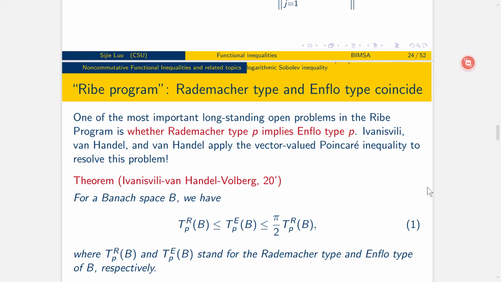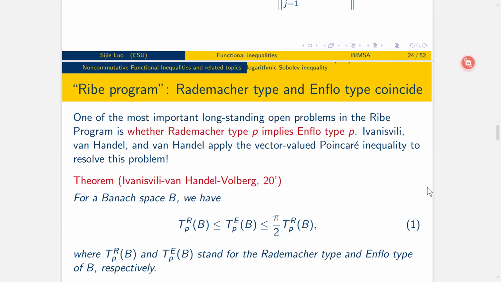At first, I will mention what Rademacher type and enflo type are. Rademacher type is a vector valued Khintchine inequality, a one sided Khintchine inequality for vector valued Rademacher variables. And what is enflo type? By a Bayesian reformulation, enflo type is something like a Poincare inequality.